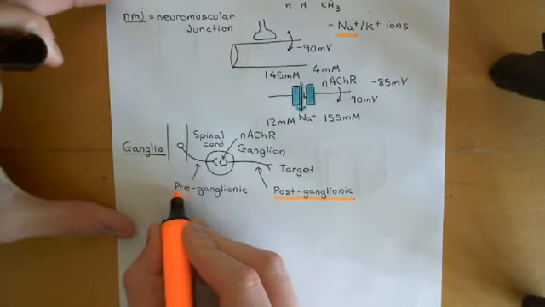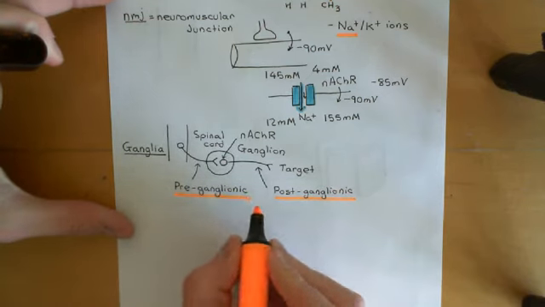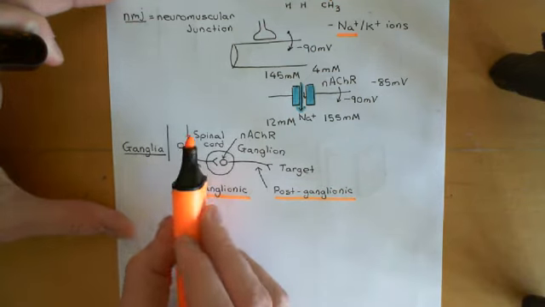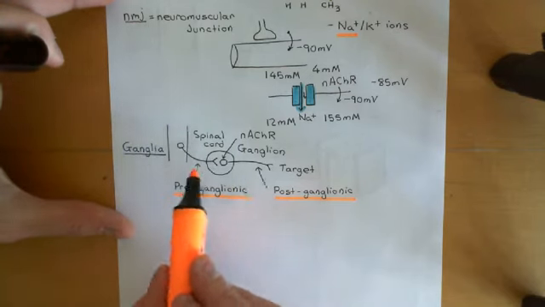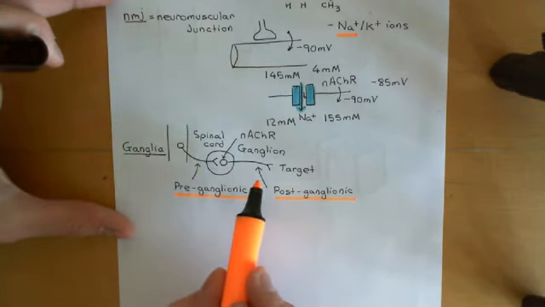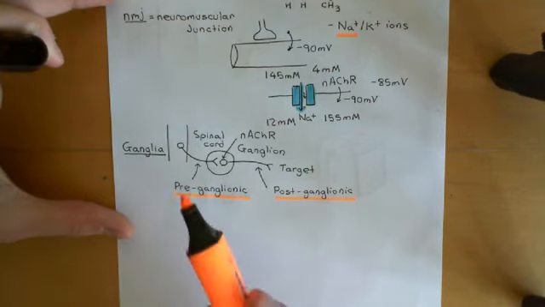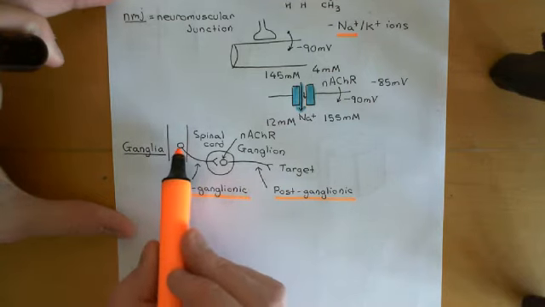I'll reiterate that this is for both the sympathetic and the parasympathetic nervous systems. I haven't specified whether these preganglionic and postganglionic neurons are sympathetic or parasympathetic. It's the same for both. You have the cell body of the preganglionic neuron in the central nervous system here.